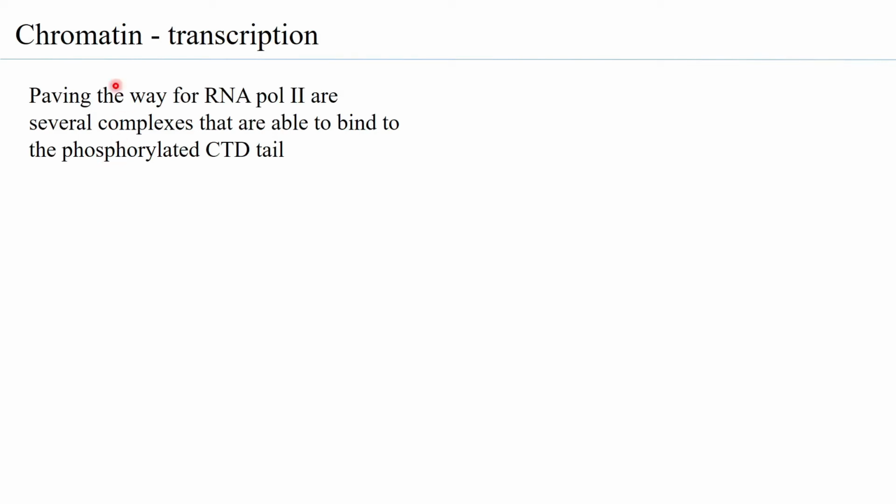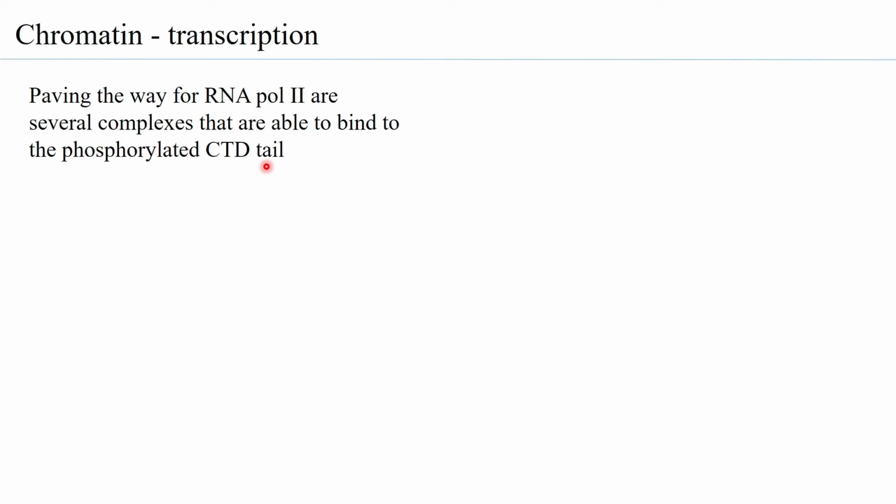So you also note that chromatin remodeling or nucleosome modification plays an important role not only at transcription initiation, but it also helps in the elongation process of transcription. To enable RNA pol II to continuously synthesize RNA, there are several complexes associated during the elongation process that ensure it creates less packaged DNA.